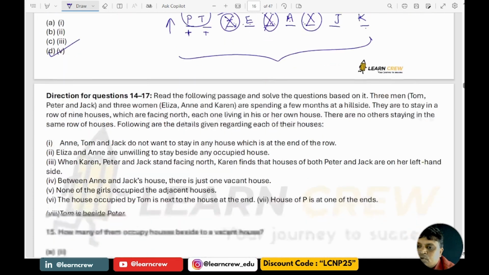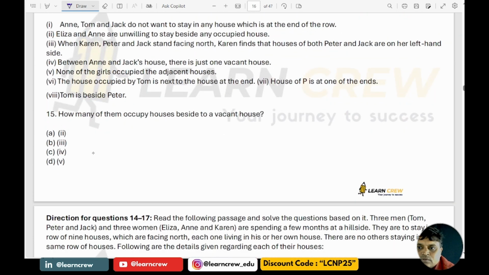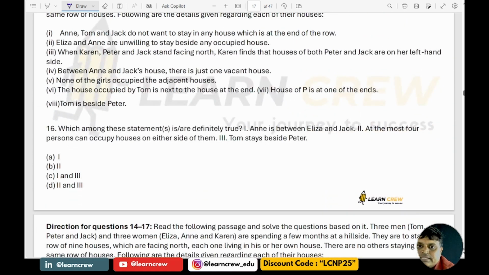So the answer is 4. 4 means it is option C. It is actually 4. The answer is 4.